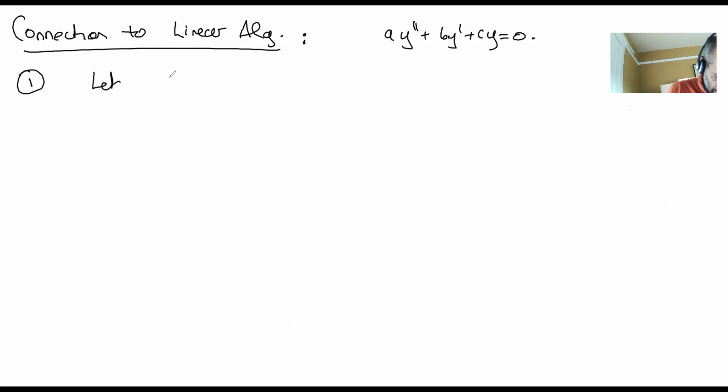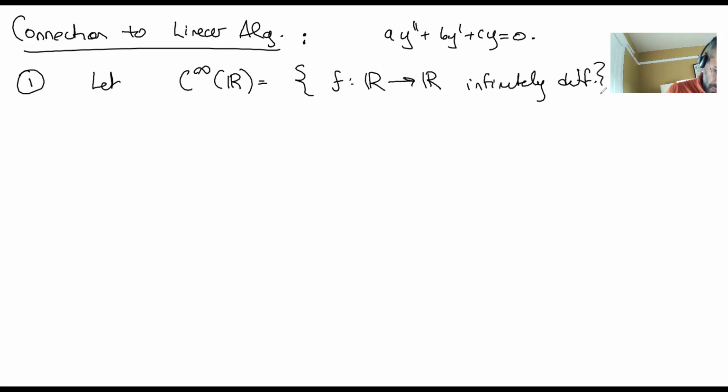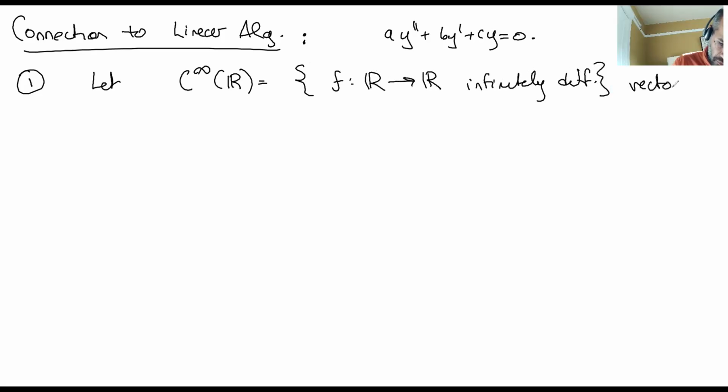Let's use a little more sophisticated notation. Let C infinity R be the vector space of infinitely differentiable functions from R to itself. This is a vector space, which we've seen before.